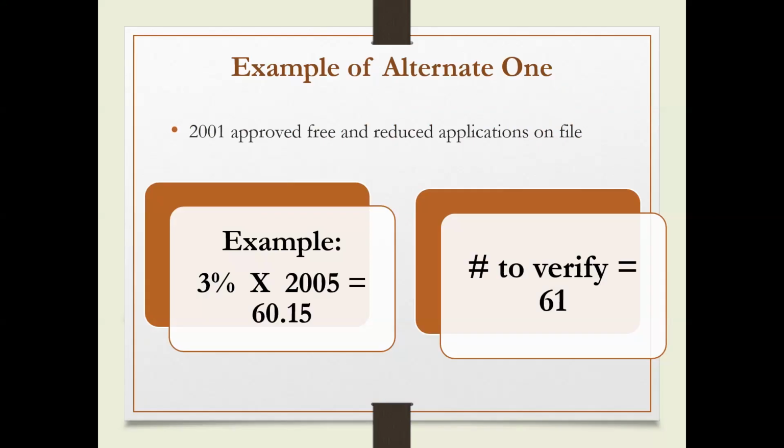Don't check my math on this one, but just follow my example. 3% times 2005 free and reduced applications on file equals 60.15. The number of applications that I need to verify is 61. And because this is alternate, I'm going to randomly choose 61 applications to verify for this particular sample size.